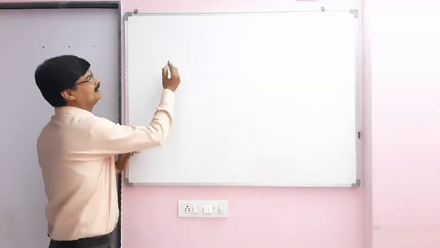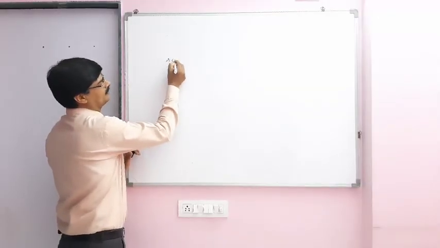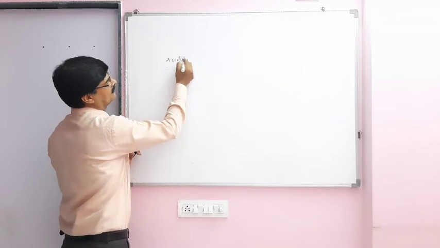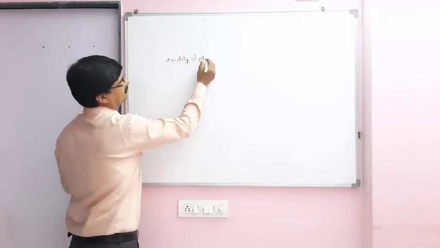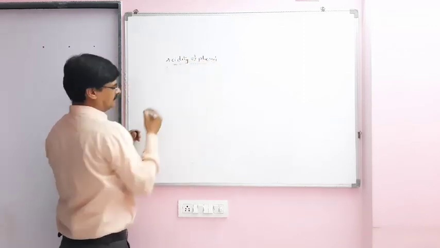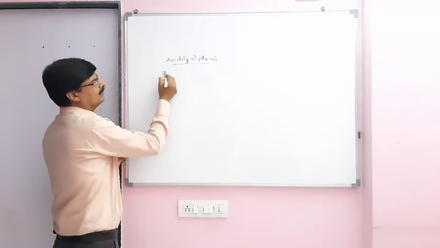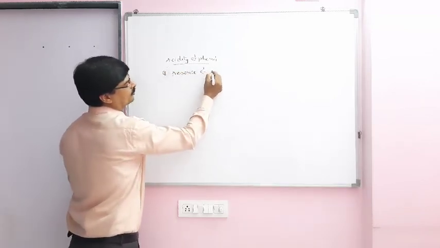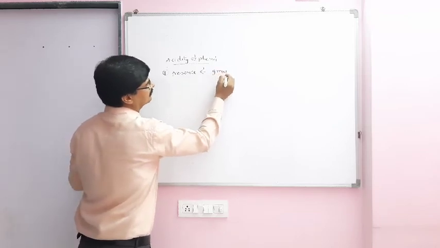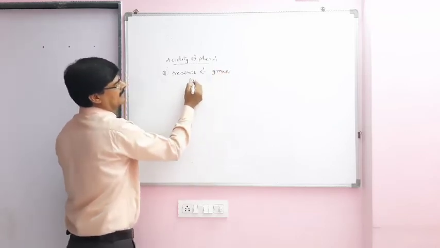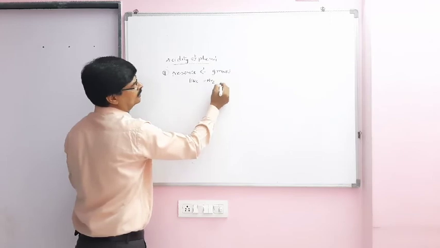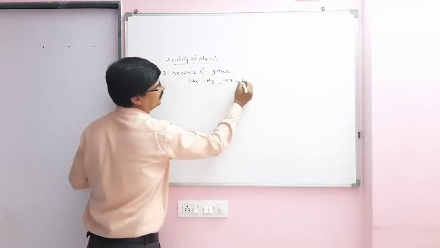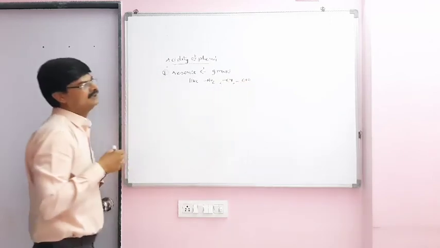Now another point that we need to understand, for acidity of phenols, is the presence of groups like NO2 or cyanide or CHO.